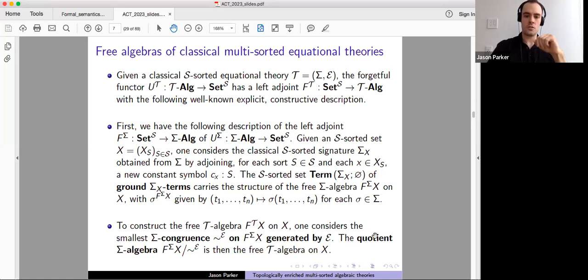Then the quotient sigma algebra, F sigma X modulo this sigma congruence, is the free T algebra on X. So we can refer to each of these constructions, F sigma X and F sigma X mod tilde E, as a kind of term algebra construction, very loosely speaking.